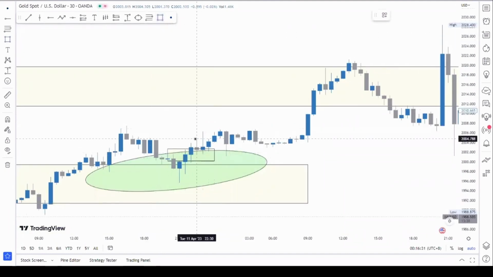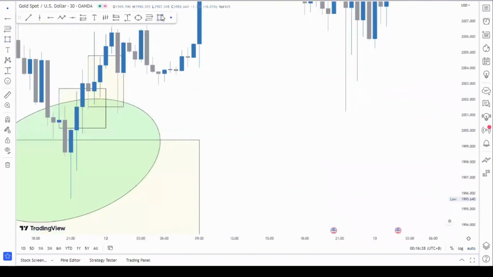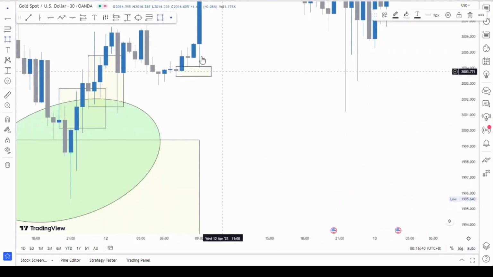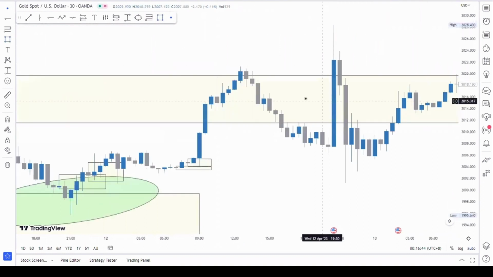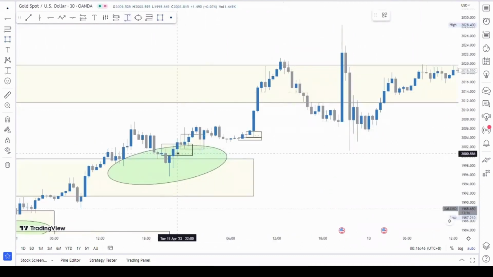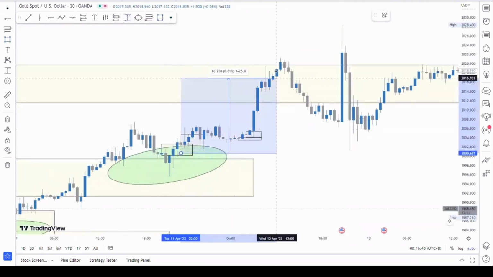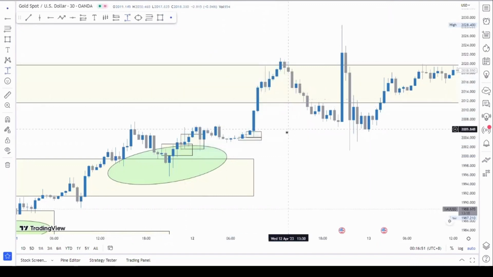And then this is our re-entry zone. We can re-enter around here, until the opposite zone.